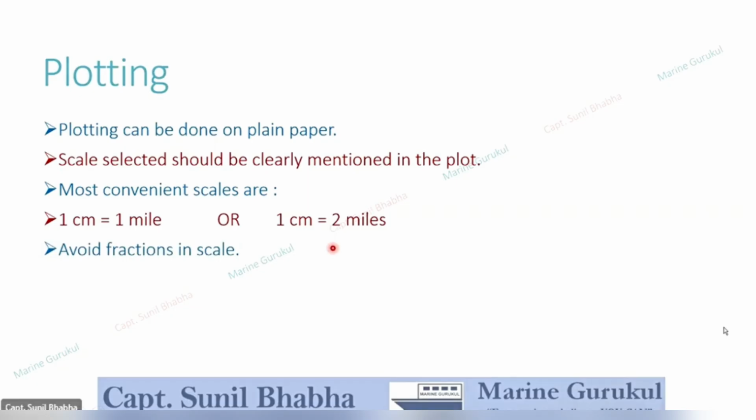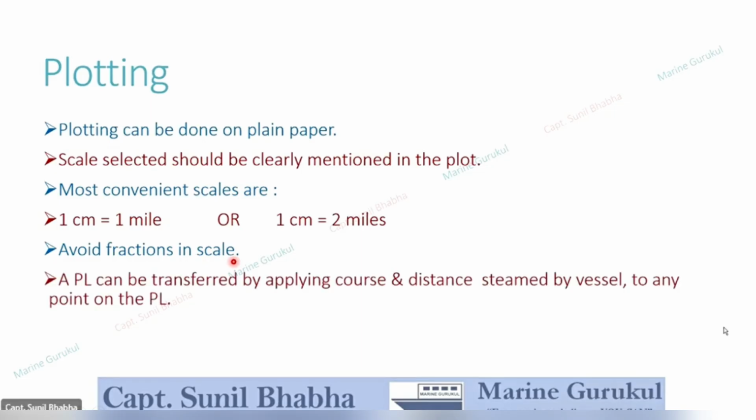Even if you have to use a bigger scale for some question, avoid putting any fractions in the scale. Avoid taking 1 centimeter is equal to 1.5 mile or so. Fractions in scale will lead to errors. It will become difficult and time taking to convert the plot values to actual values. So fractions should be avoided.